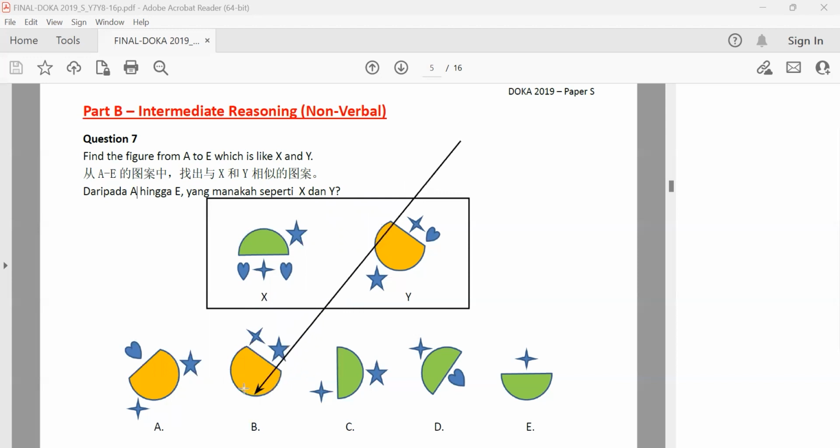So can we look at B as answer? So maybe not. C, at this stage, I can say that C is possible. There's a star next to the curve. Okay. How about D? D, there's no star at all. E, also there's no star at all. So can I say C is the answer? Can or cannot?